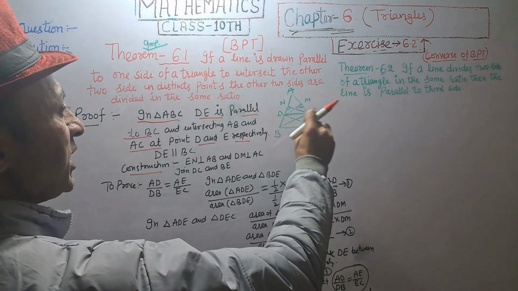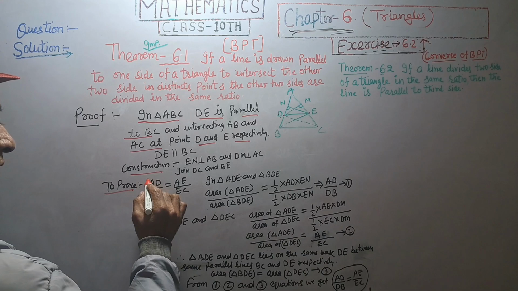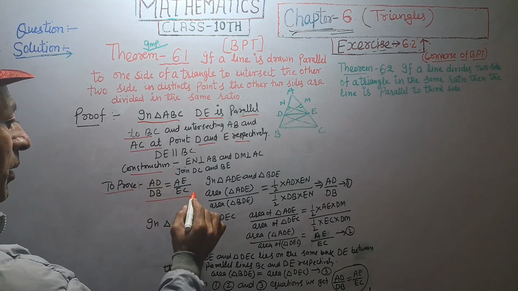And we want to prove AD upon DB is equal to AE upon EC.